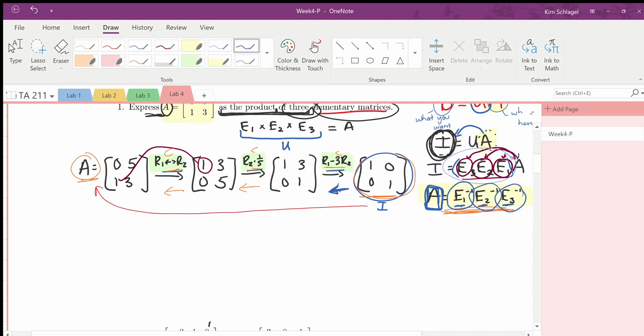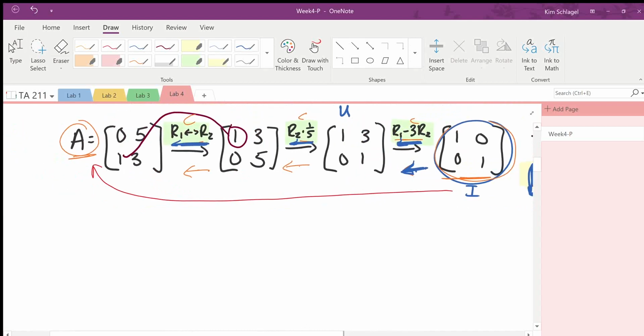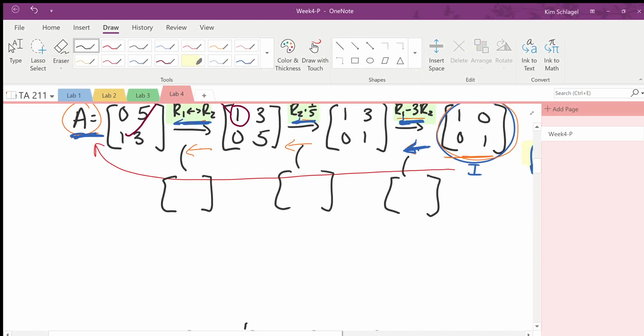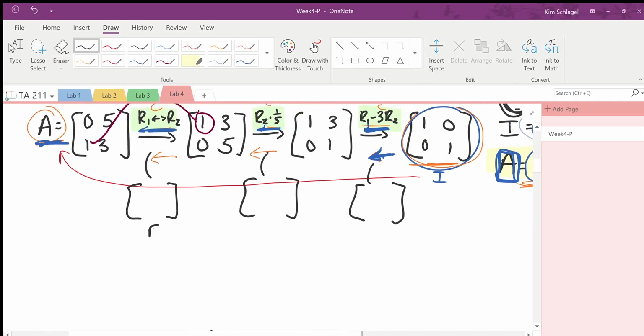So I'm going to figure out what the opposite of these matrices are, and that will give me my A. So first, we have to find what our elementary matrices are corresponding to our row reduction steps. That was just the overall idea of what we're doing here.